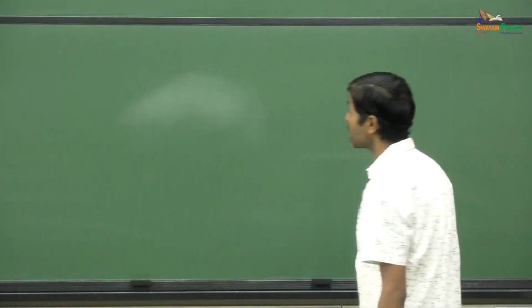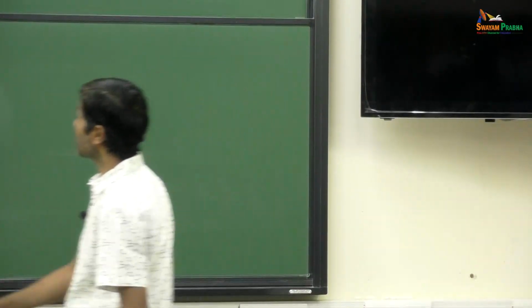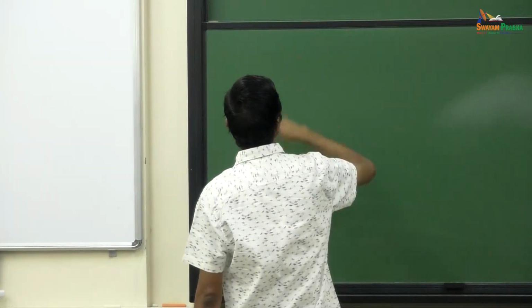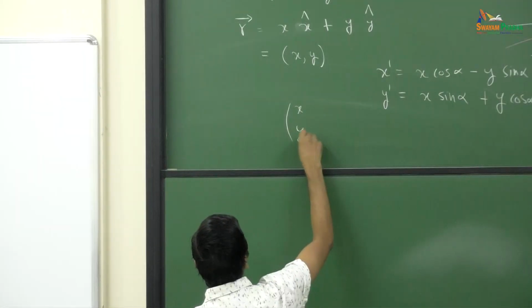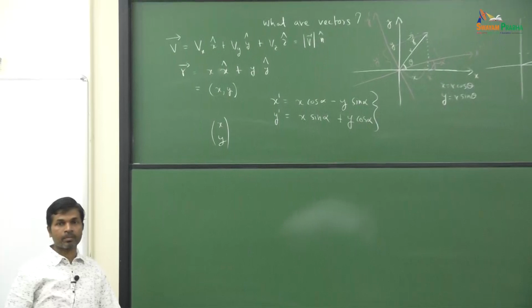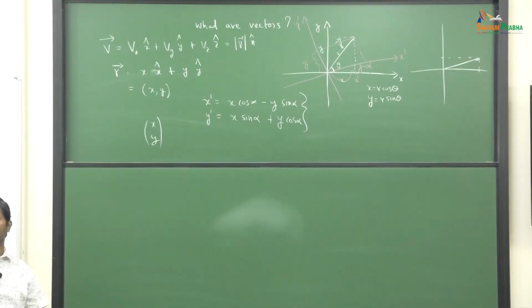all of you are familiar with matrices, right? So I can write it as a matrix relation. I can represent the components of a vector. It is more convenient, instead of representing it by a row, to represent the components in terms of a column.